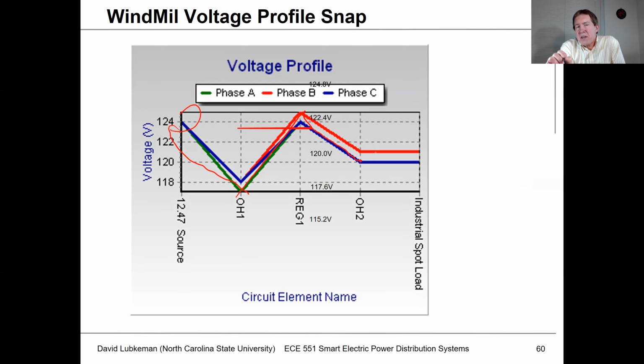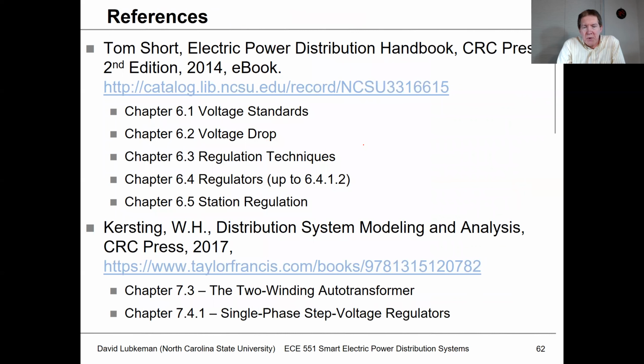And you can see that because you do have slight differences between the phase impedances in here, you get a little bit of difference between the A and B phase and C phase voltage in this case. So anyway, that's a simple example to show you how the voltage line regulator works.